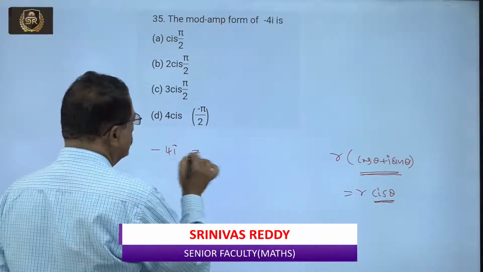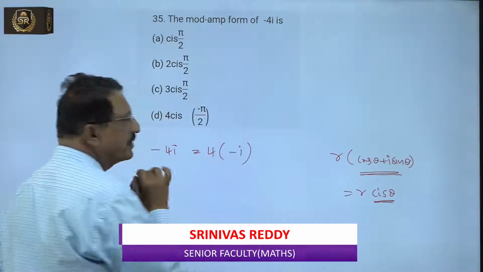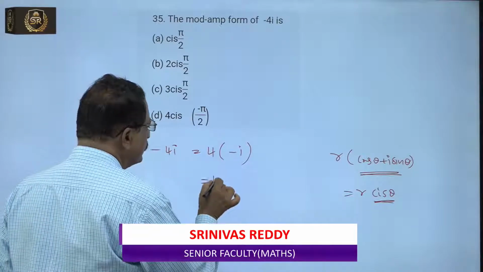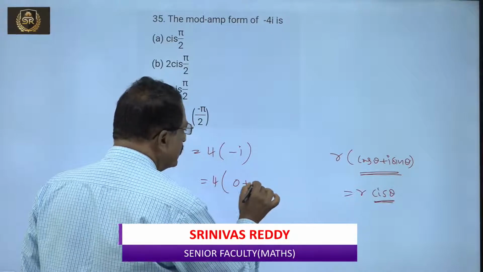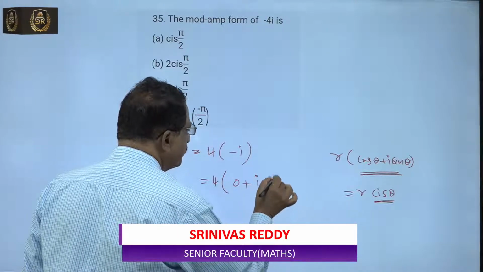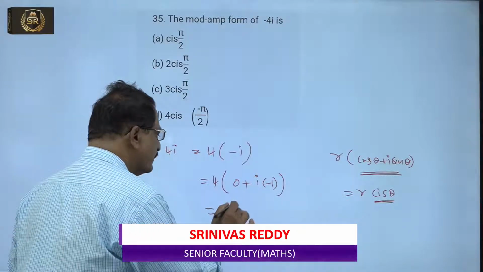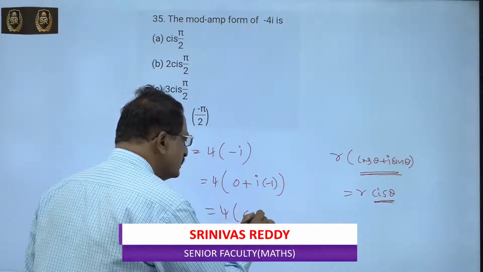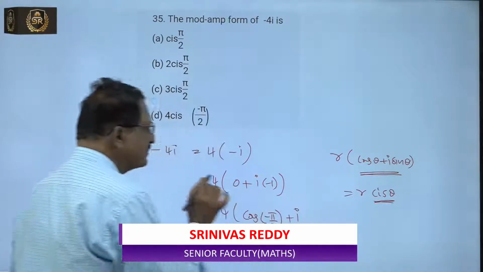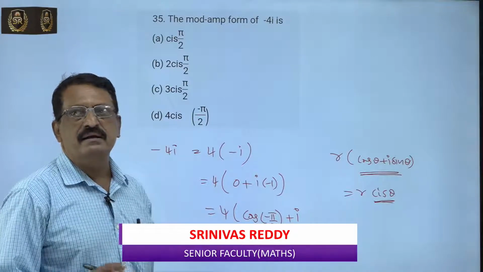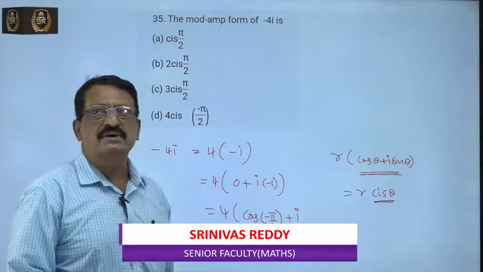Here minus 4i equals 4 of minus i, that equals 4 of 0 plus i into minus 1. That equals 4 of cos minus pi by 2 plus i into sin minus pi by 2, because cos 90 equals 0 and cos minus theta equals cos theta only.